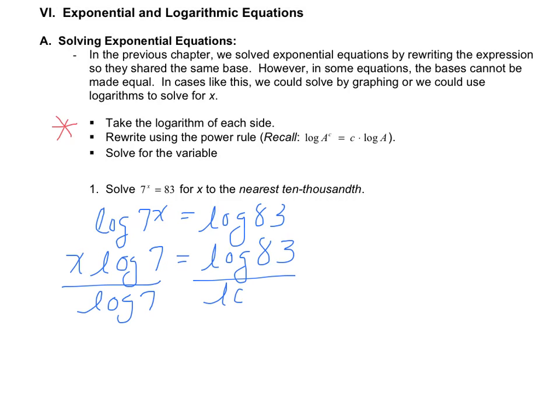Now, I can put this in the calculator because there isn't a base given, which means it's base 10. And base 10 is the calculator. So I'm going to get x on the left side equals log of 83 divided by log of 7 on the calculator. Please remember we need our answer to the nearest 10,000. And hopefully you got 2.2708. All right, let's go on to the next example.